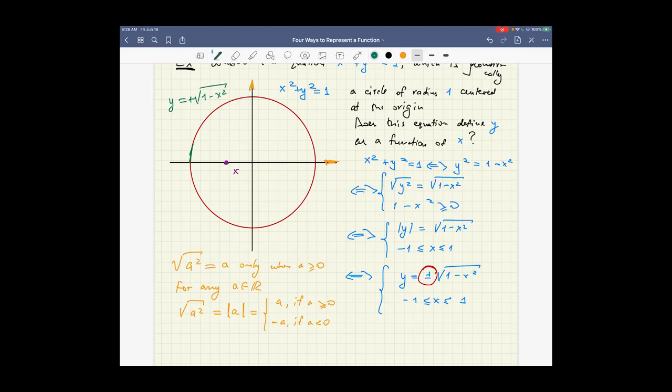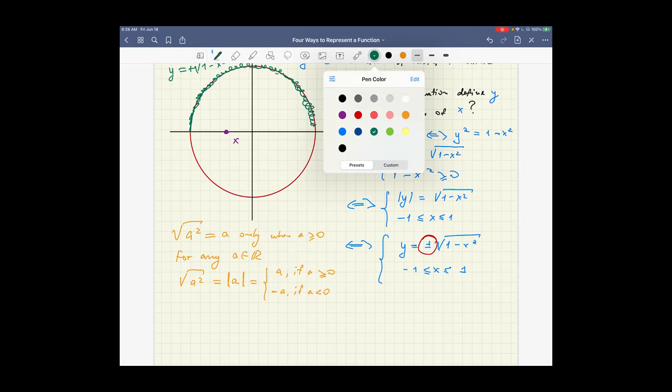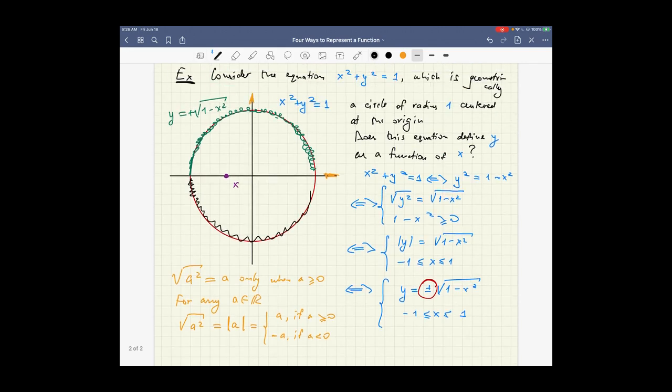That's the upper semicircle. And the other function is negative that. What color should I use? Let's use black. This point here has coordinates x comma negative root 1 minus x squared.